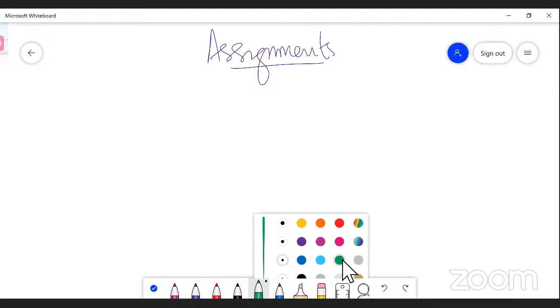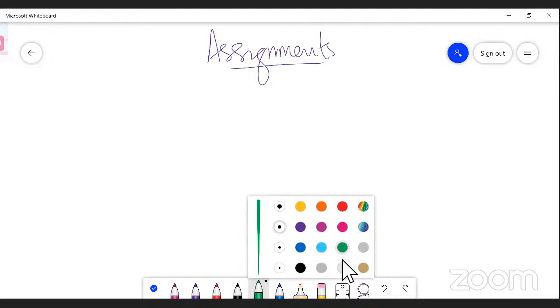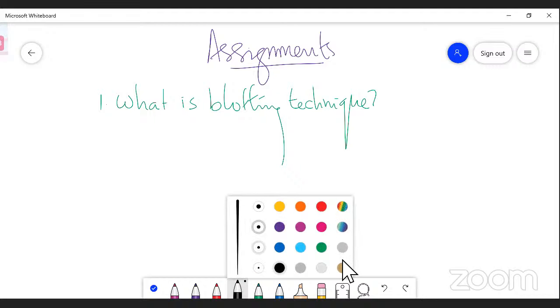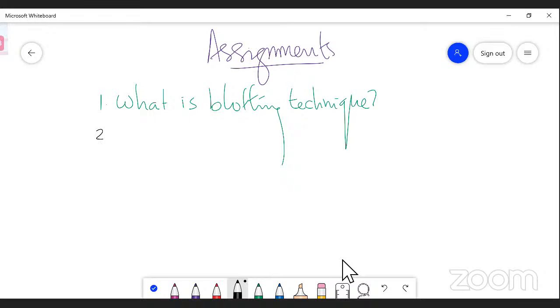The first question: what is blotting technique? Second one: what is southern blotting?